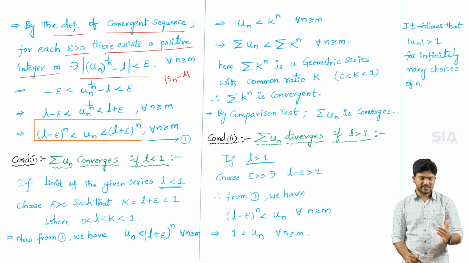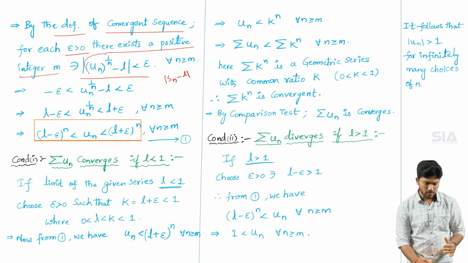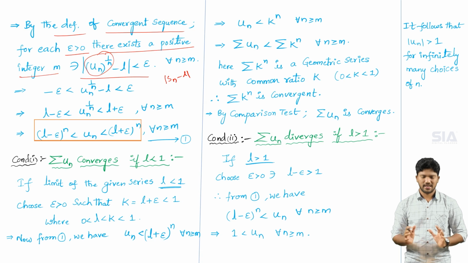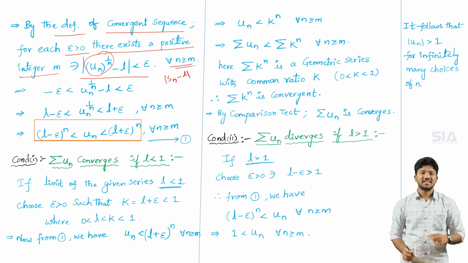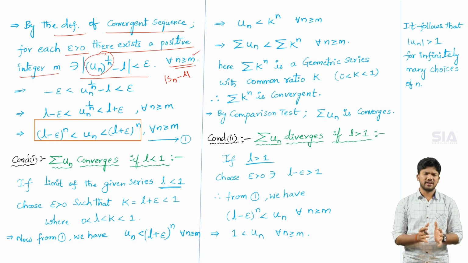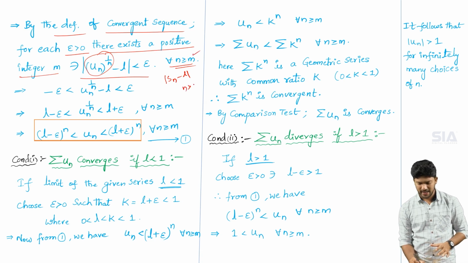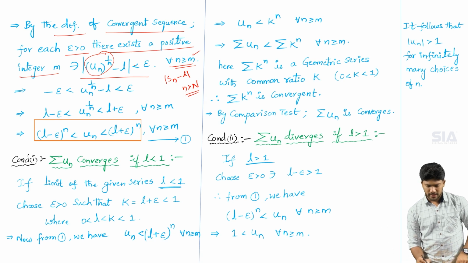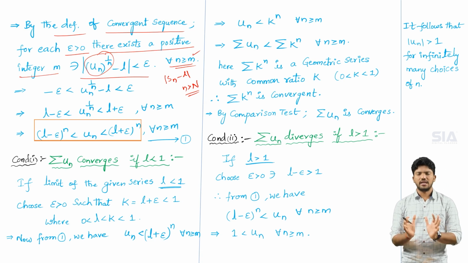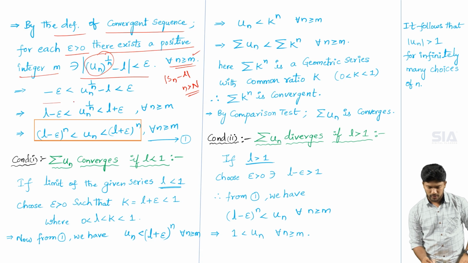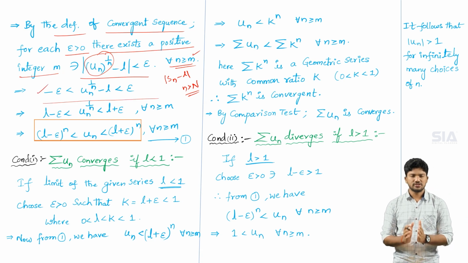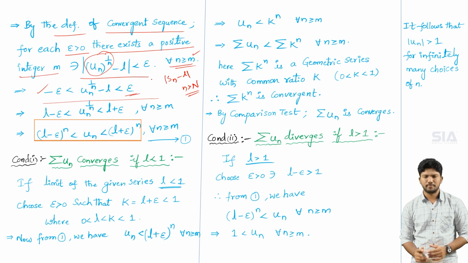So in place of sequence S suffix n here we have mod u suffix n whole power 1 by n minus L less than epsilon for all small n greater than or equal to small m. ఇక్కడ కొన్ని డెఫినేషన్ లో మనం ఏమని చెప్తామంటే స్మాల్ n గ్రేటర్ దెన్ క్యాపిటల్ n అని కూడా చెప్తాం. రెండు మనకు సేమ్ మీనింగ్ ఉంటాయి అన్నమాట. సో ఇక్కడ మనం ఆ మోడ్ వాల్యూ అబ్సల్యూట్ వాల్యూ లెస్ దెన్ ఎప్సిలాన్ అని చెప్పాం కాబట్టి, దెన్ ఇఫ్ యూ రిమూవ్ దట్ మోడ్, దెన్ వీ కెన్ రైట్ minus epsilon less than u suffix n whole power 1 by n minus L less than plus epsilon.